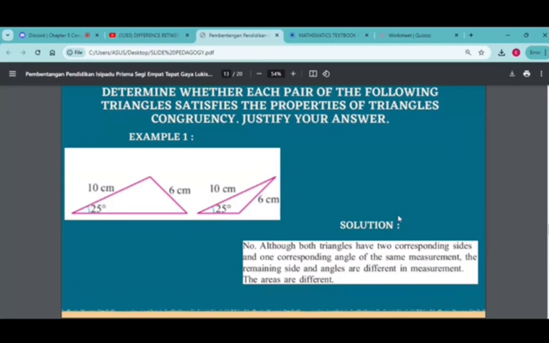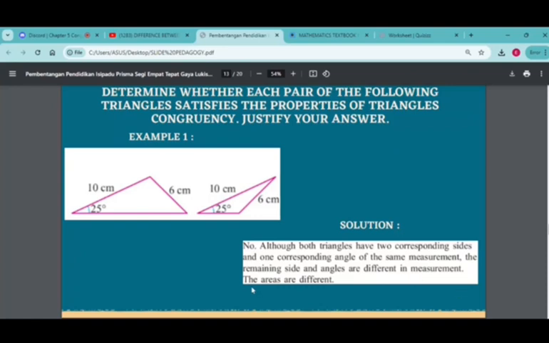The solution is no, because the rectangles have two corresponding sides and no corresponding angle of the same measurements. The side and angle are different in measurement.